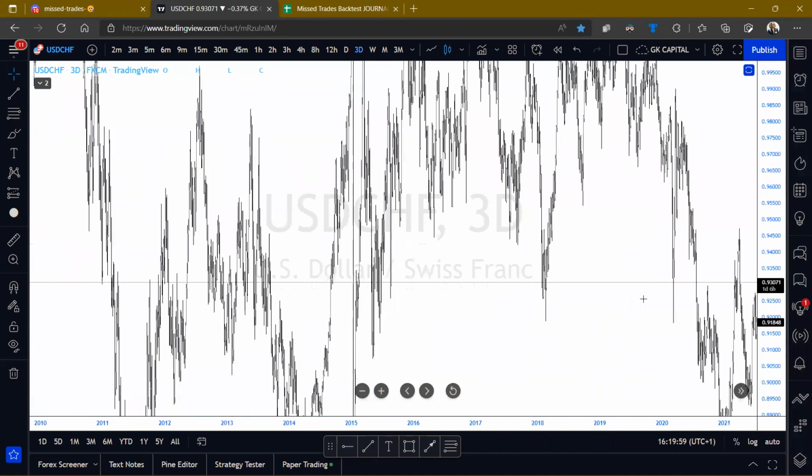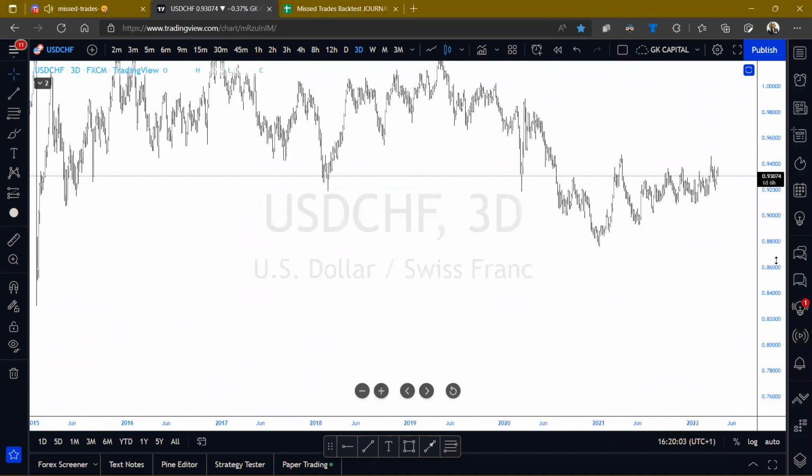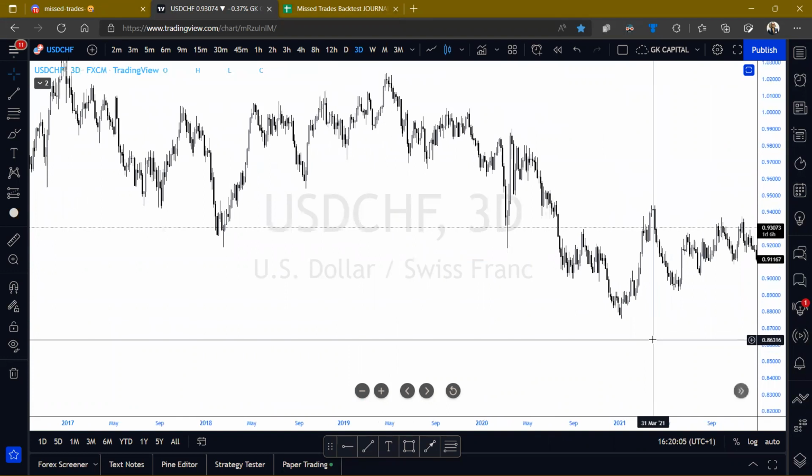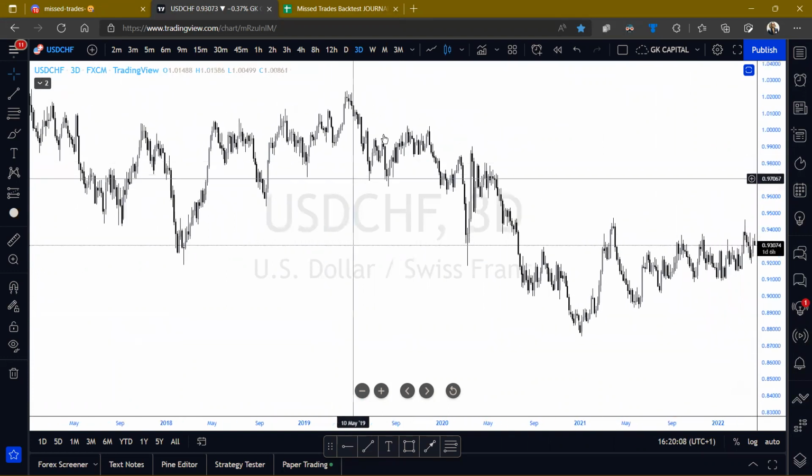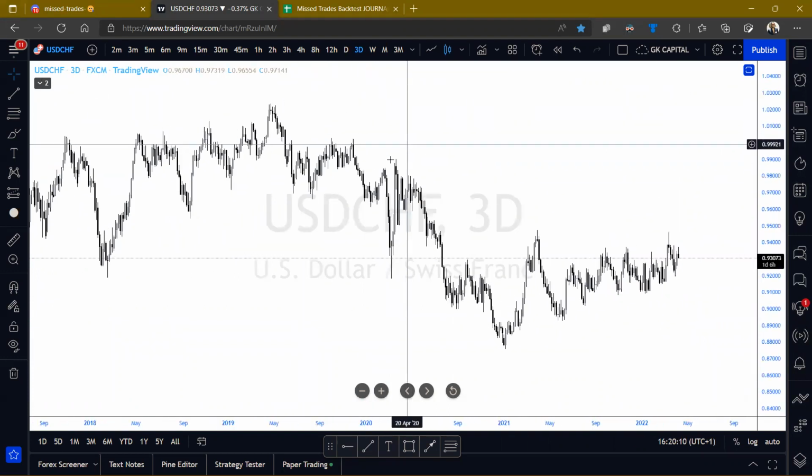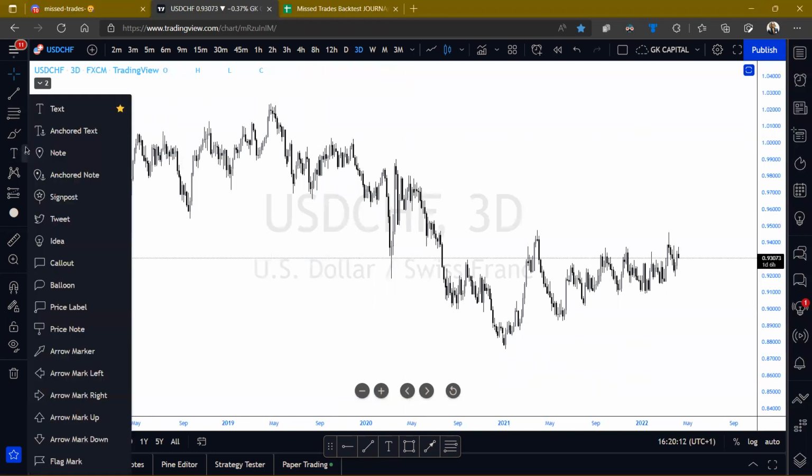So we can see here USD CHF, high time frame we are bearish, okay, from this distro over here. So I'm just gonna quickly put that.